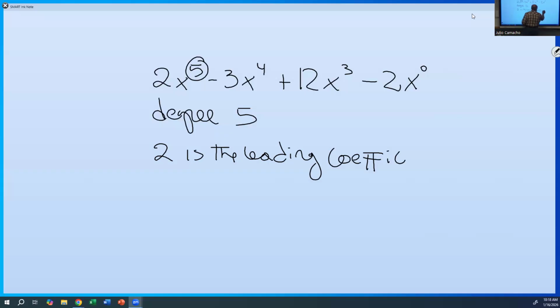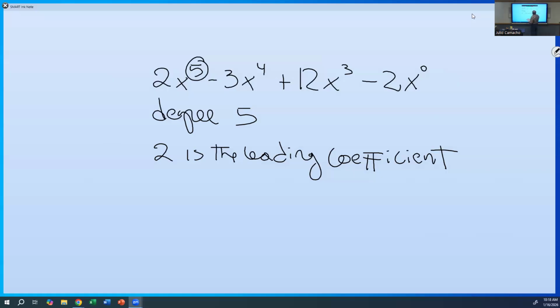Remember, you need to put in your notes, not always, this is in order. It's in the standard form. You can see the exponents are coming 5, 4, 3, 0. But sometimes they can put in the test, in your quiz, or in your homework, a polynomial not in order. So it doesn't matter where the leading coefficient is, or where the greatest exponent is.